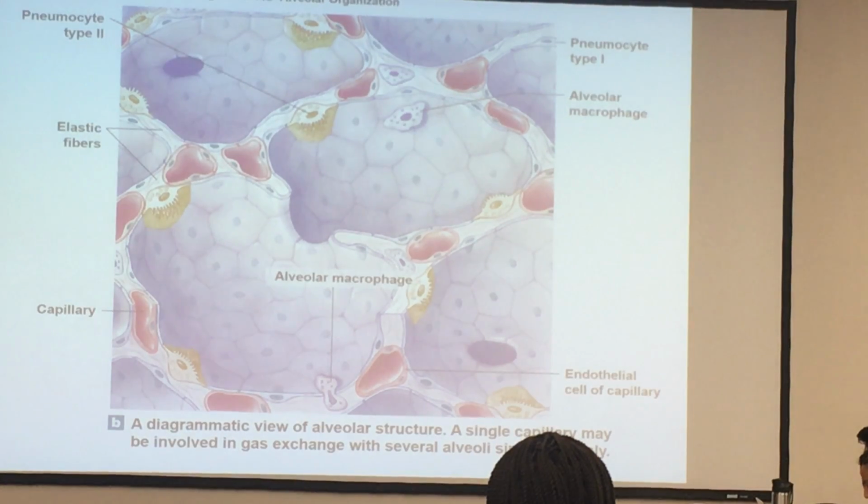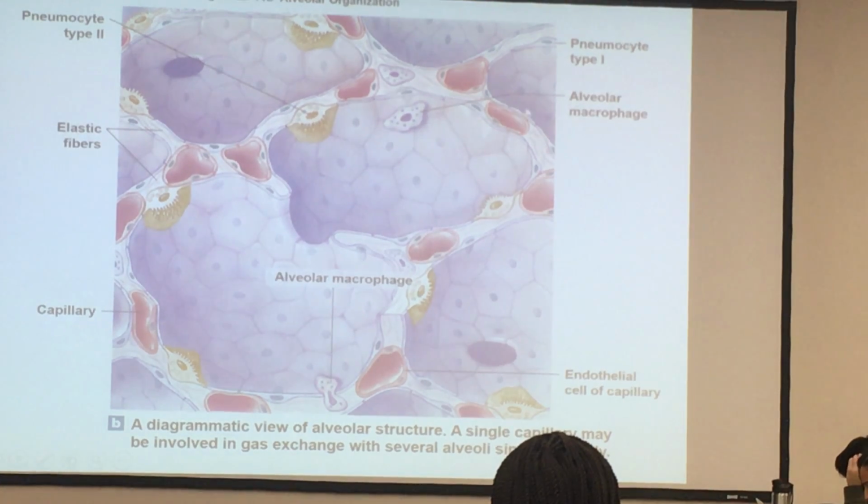Okay, cut through it. When we cut through it, actually there's one single alveolus, and nearby there are a lot of capillaries, so gas can exchange very quickly. The type 2 cell produces surfactant to maintain the structure and prevent the collapse of our alveolus. And we have the freely moving macrophage.